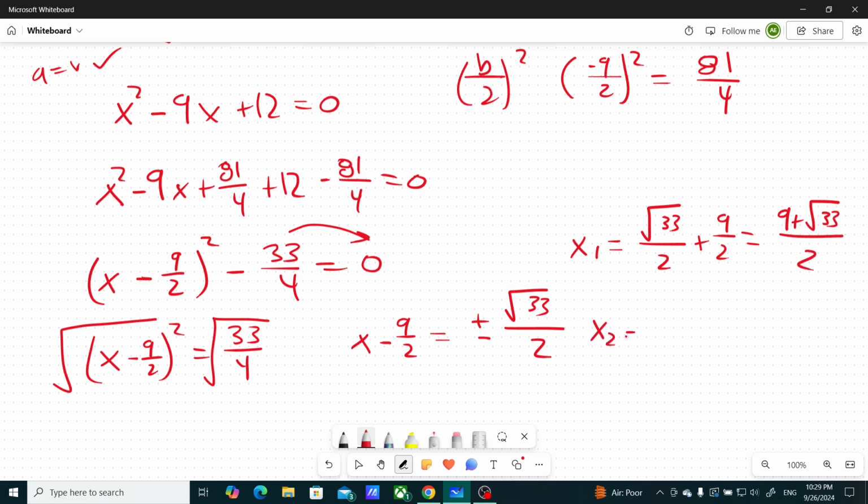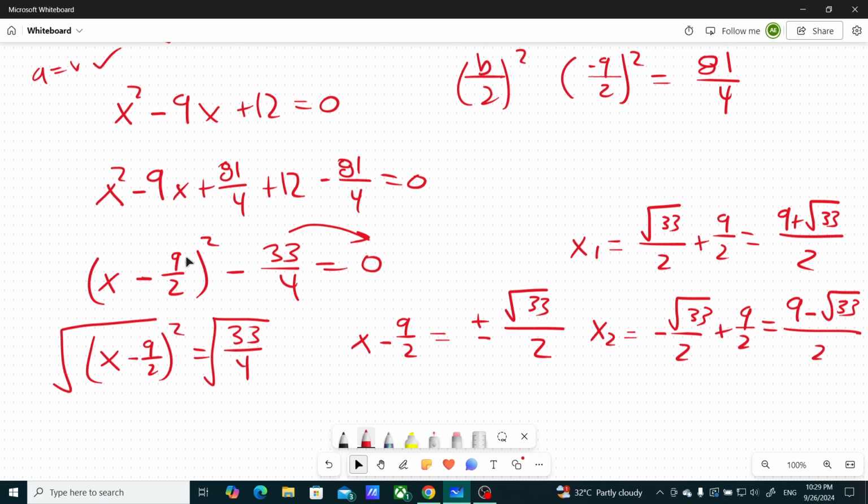And my second x is going to be a negative root 33 over 2 plus 9 over 2, which is going to give me 9 minus root 33, all over 2. So this is how to solve using completing the square.